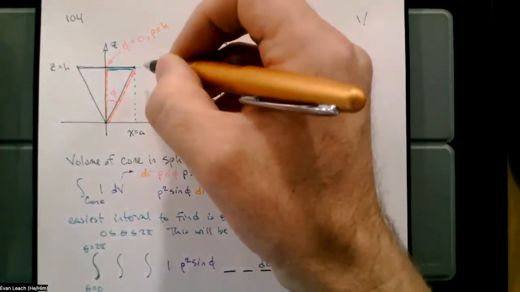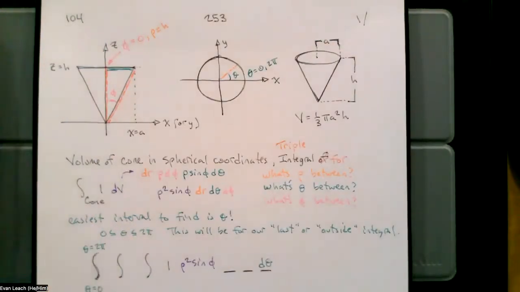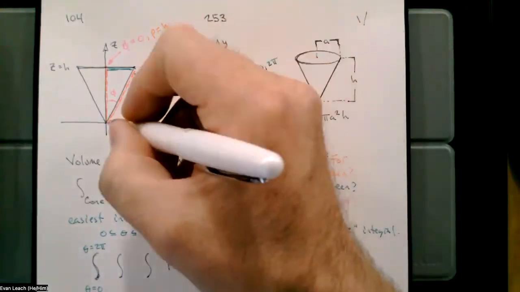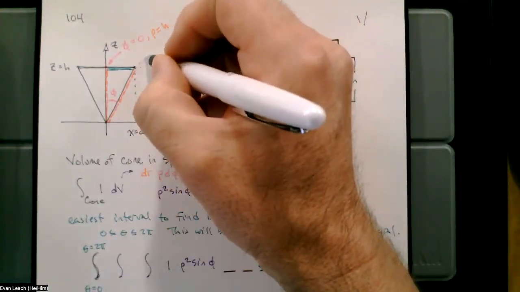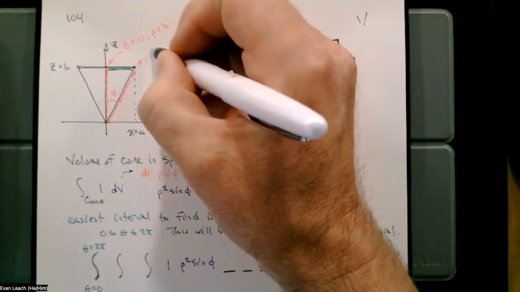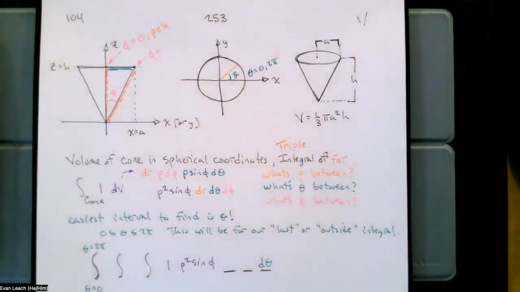So when we get to this angle out here for phi, that angle we can write in terms of a and h only. We don't have to worry about rho. We can write that in terms of opposite and adjacent.